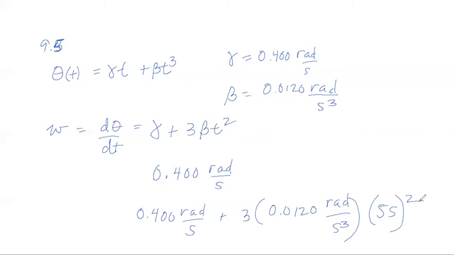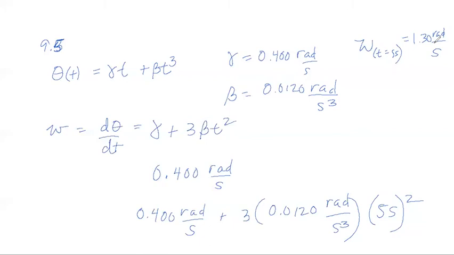I'm going to get 1.30 radians per second. So omega at t equals 5 seconds equals 1.30 radians per second.